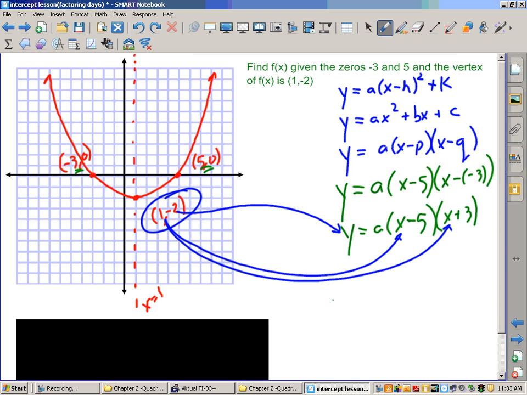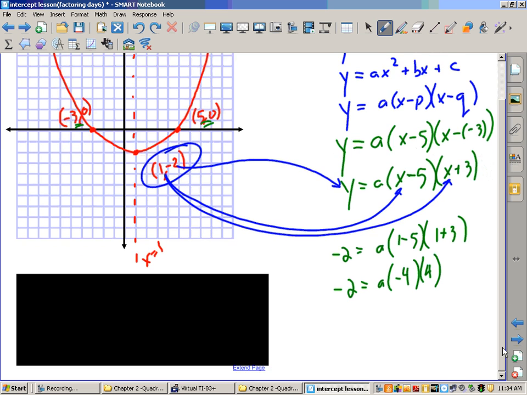So we have -2 equals a times, well, I plug in 1 minus 5, 1 plus 3, -2 equals a times -4 and 4. -2 equals -16a. Divide by -16, and a equals 1/8.